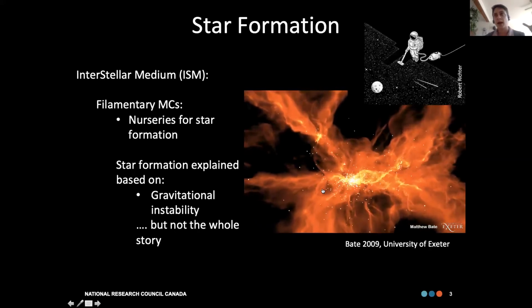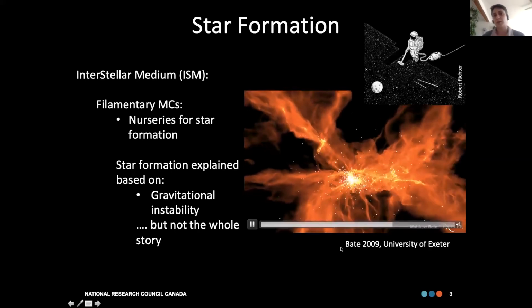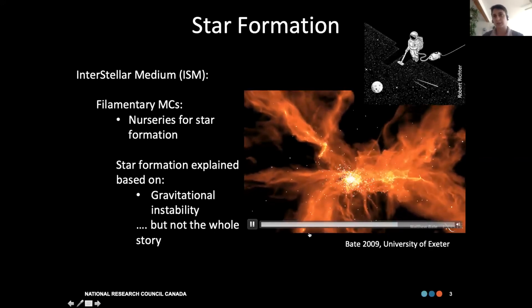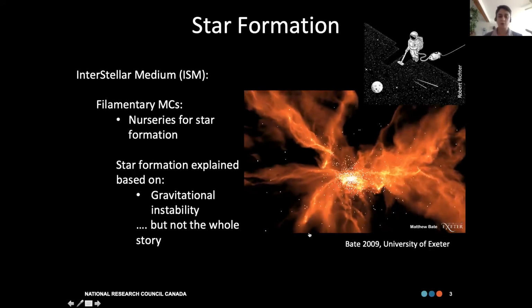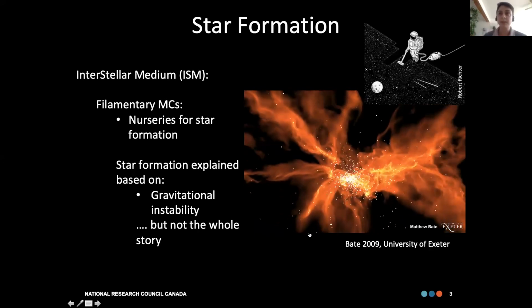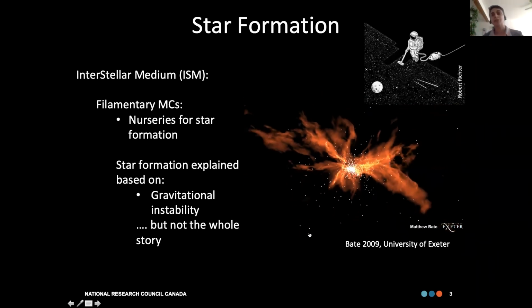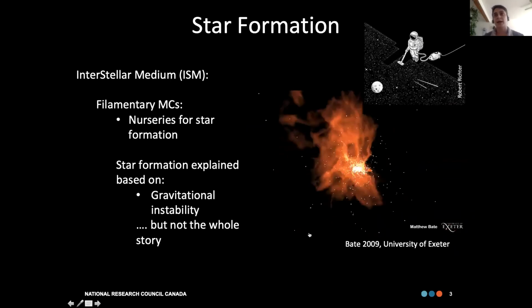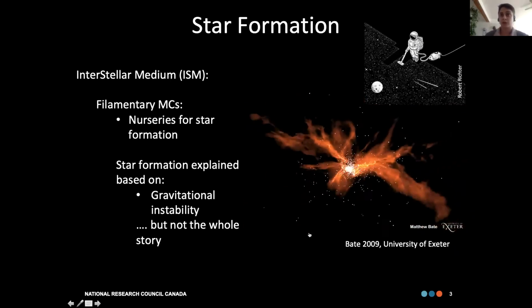So if we have a homogeneous cloud, as simulated by Matthew Bate, as you saw in this movie, and if we perturb it, the cloud evolves and starts to form filamentary structure, and then these filamentary structures become gravitationally unstable and start to form stars within themselves.